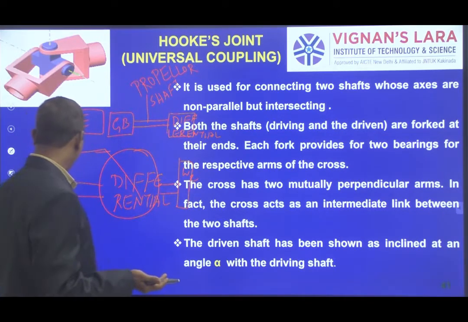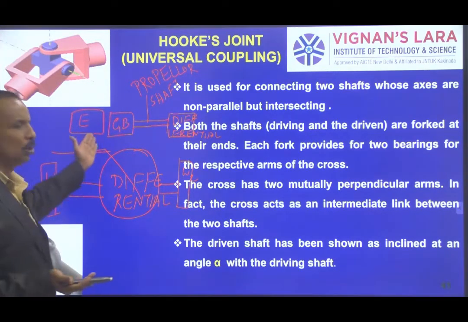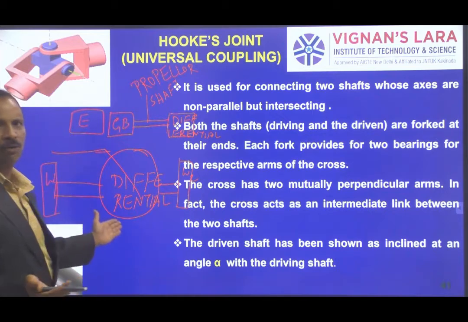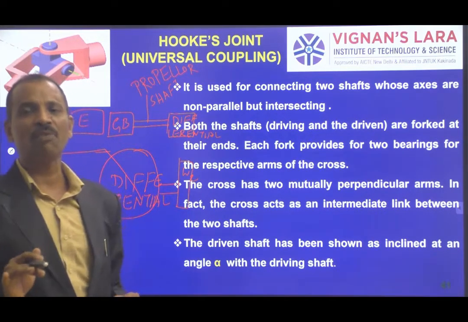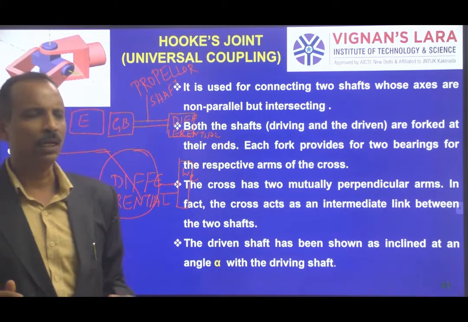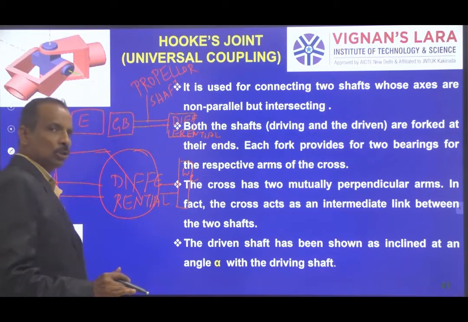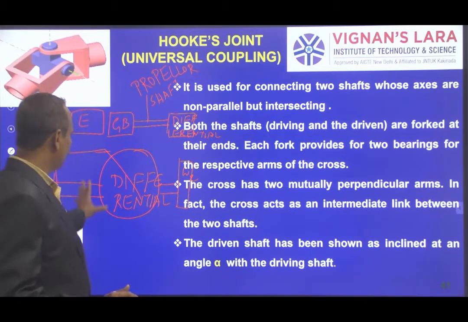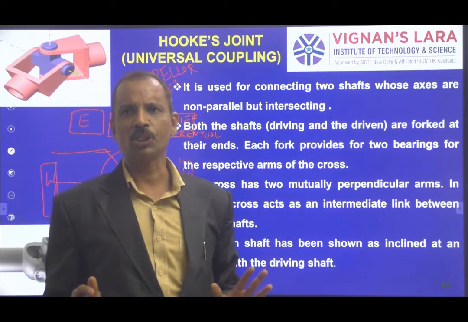When it is moving up and down, this propeller shaft will also take an angular orientation change. Suppose you don't have the flexibility of this angular change, then damage will take place to this bar because of constrained motion of this differential.